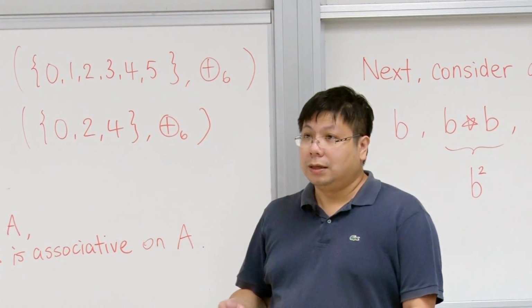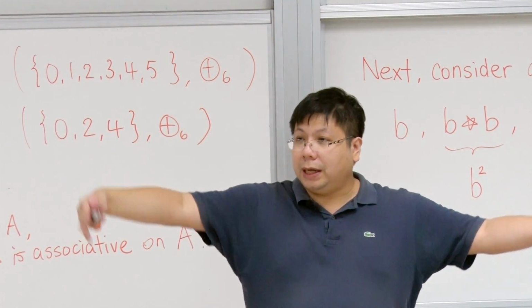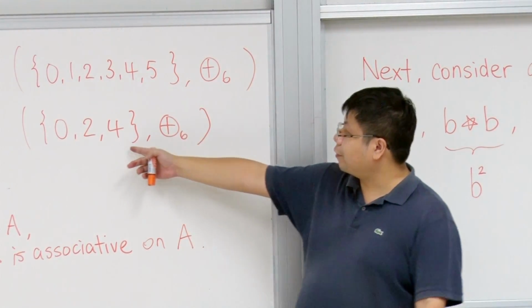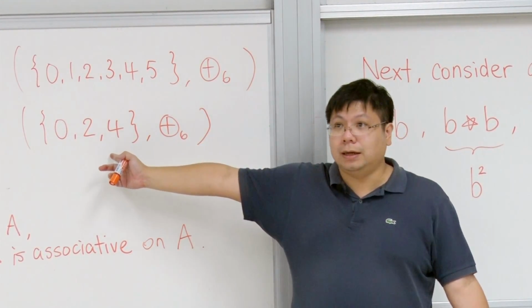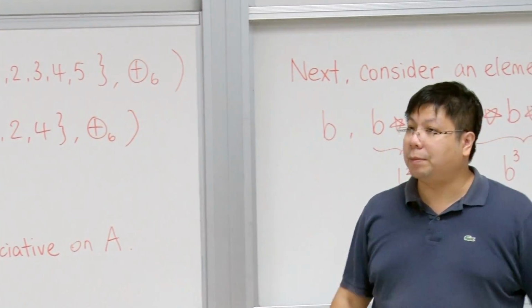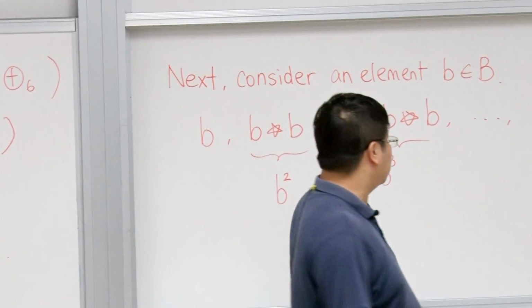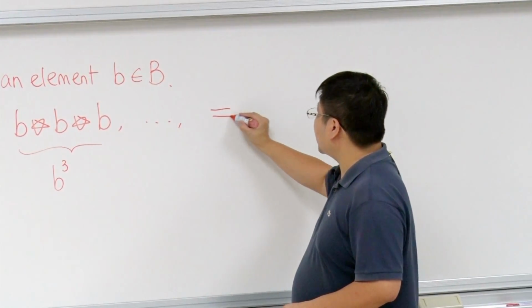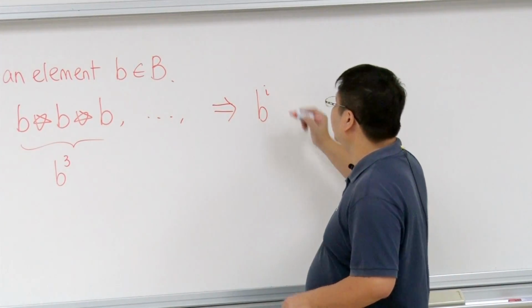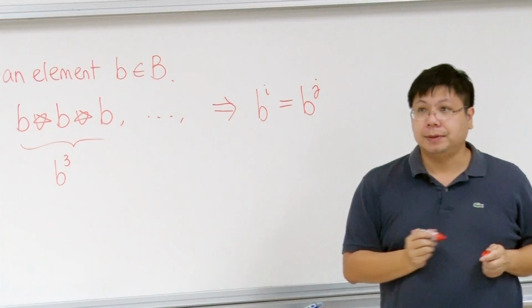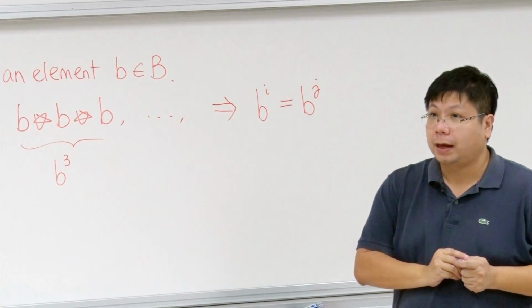If you look at b squared, b cubed, b to the 4, b to the 5, and so on, and the size of B is like 10, if you have 11 items there, then two of them must be equal. So eventually we will get some b to the power i and b to the power j to be the same. Is that okay?